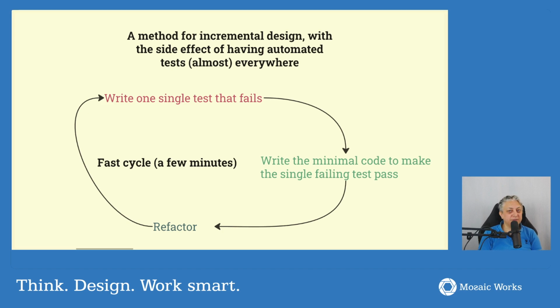Think about, if you're doing some kind of BDD, the smaller problems from BDD that are in the form of given, when, then, given, when, then, given, when, then. And you start from the simplest version of the problem that you're trying to solve, and then you keep adding on top of it the next behavior, the next behavior, the next behavior.